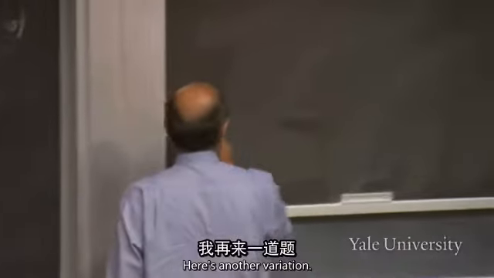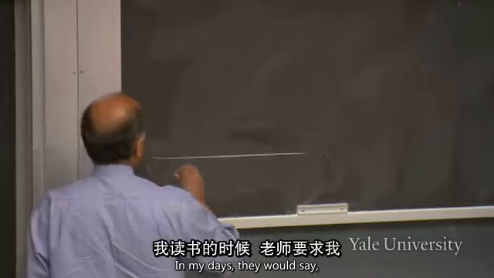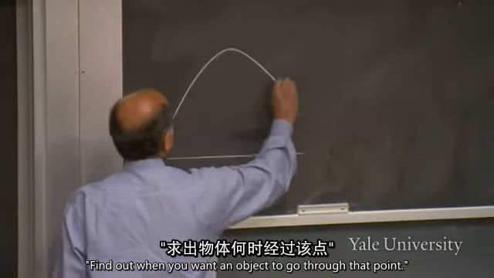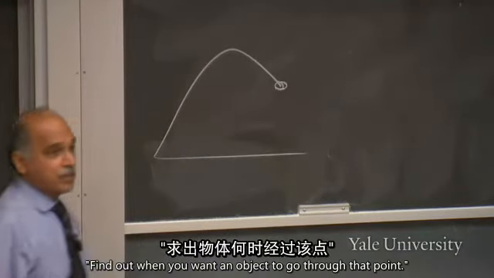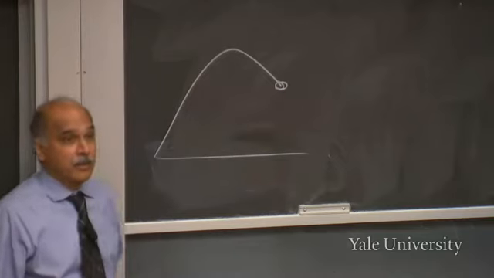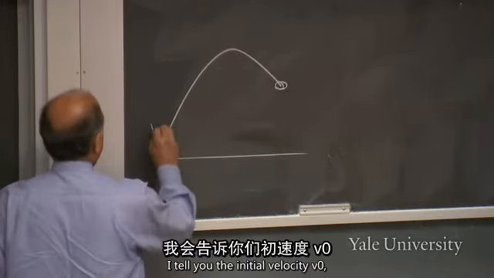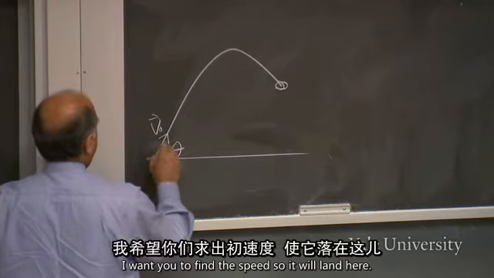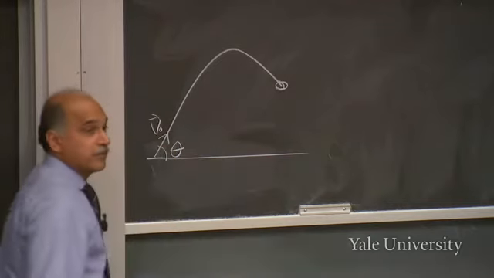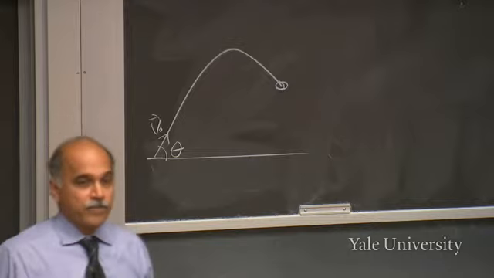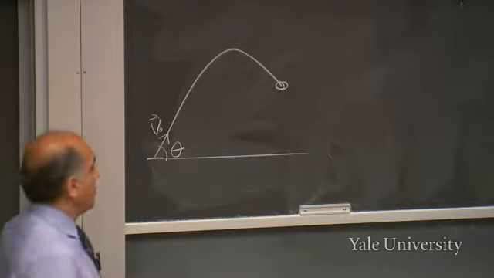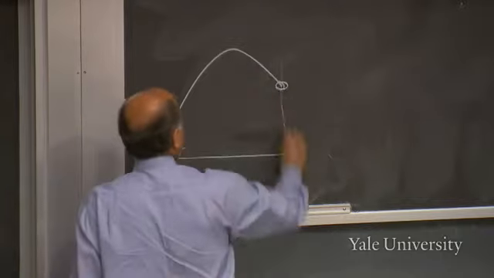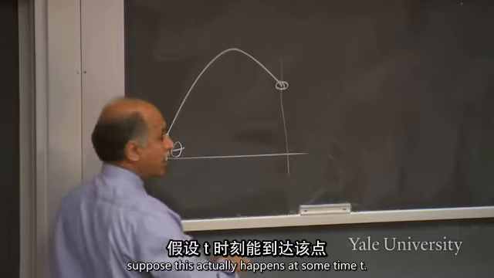Here's another variation. In my days, they would say, find out when you want an object to go through that point. And I tell you the muzzle velocity v naught, or I tell you at what angle I fire it, I want you to find the speed so it'll land here. So how do you do that problem? You do that problem by saying, suppose this actually happens at some time t.